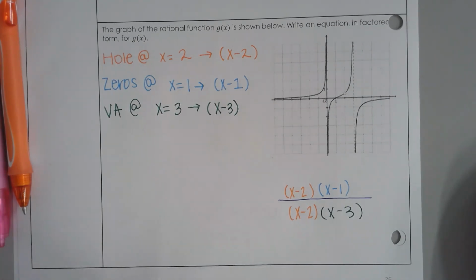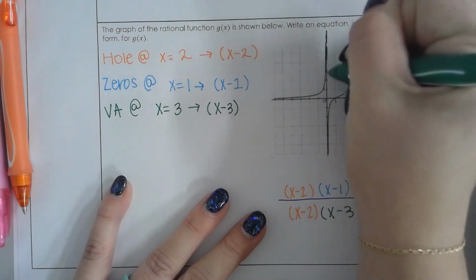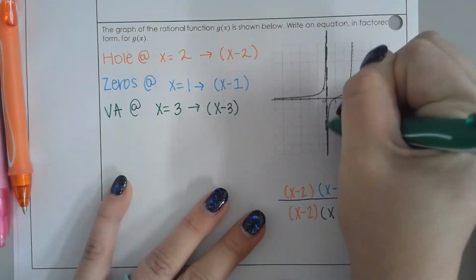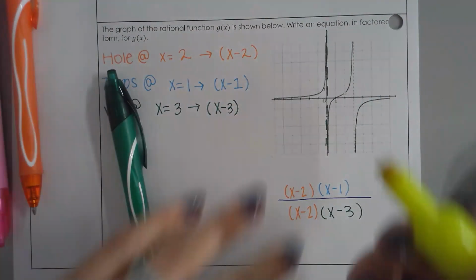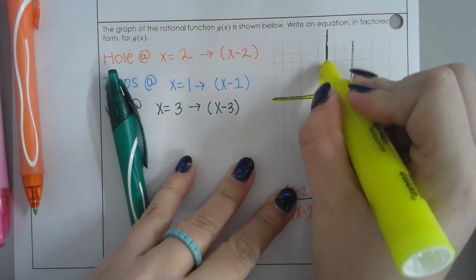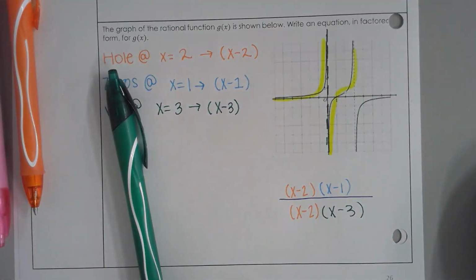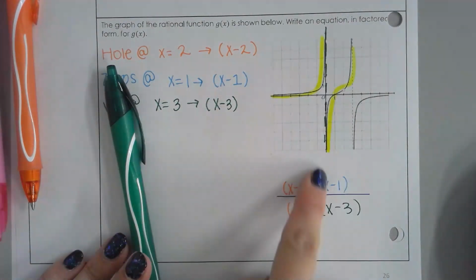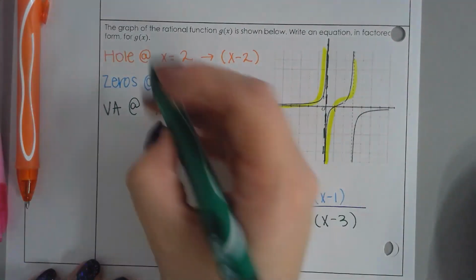There actually is another one. It's right here. You don't see the dotted line because of the axis. But you see how the graph kind of stops there. It stops at x equals 0. So if that happens, you do have a vertical asymptote at x equals 0.